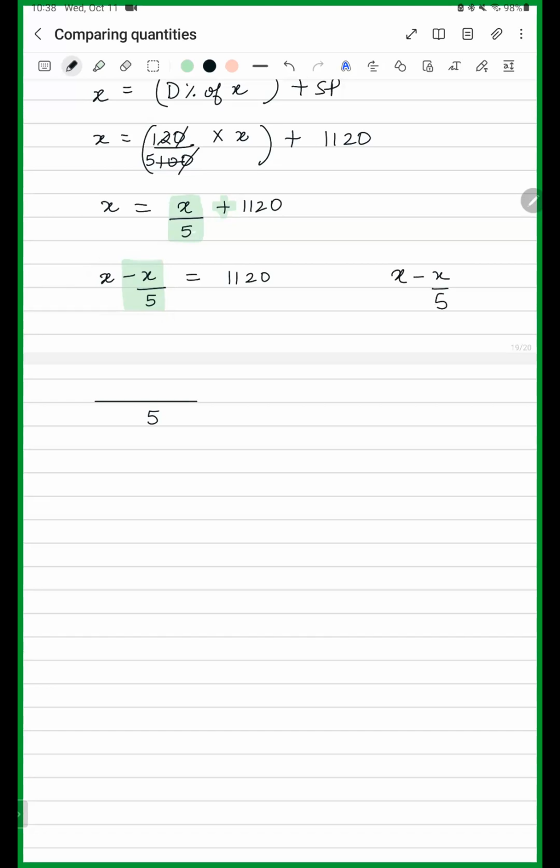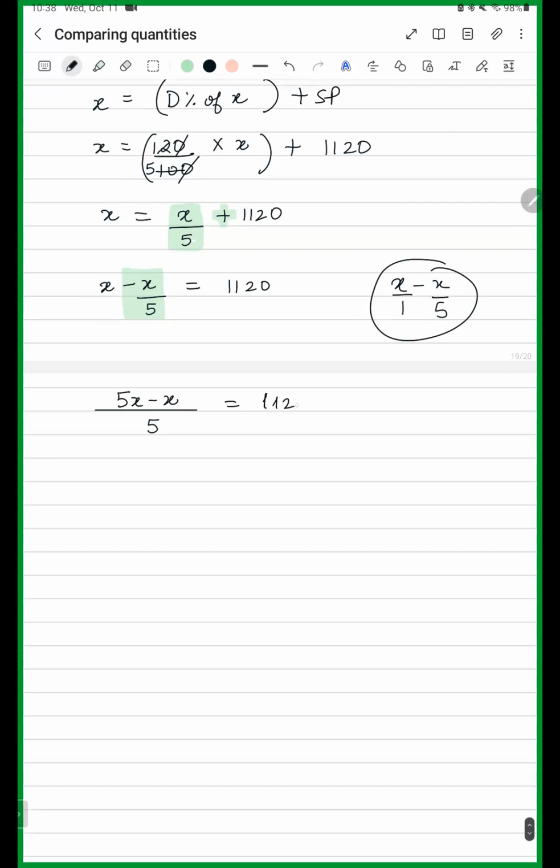X is x by 1, right? So it will be 5x minus 1x. 1x and x are the same thing. Then it will be 4x divided by 5.